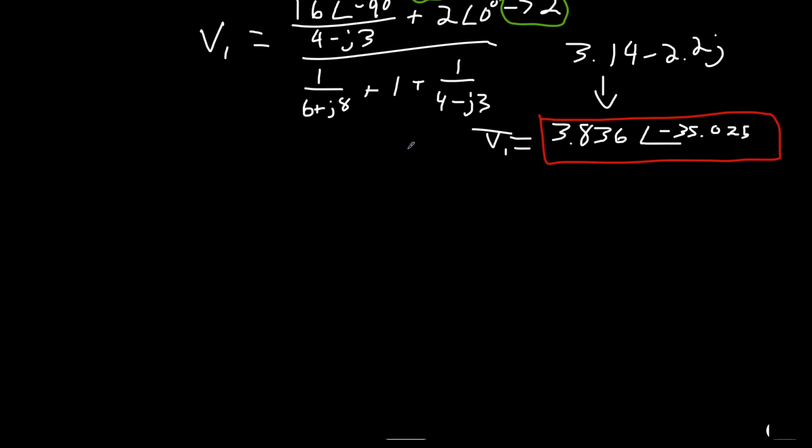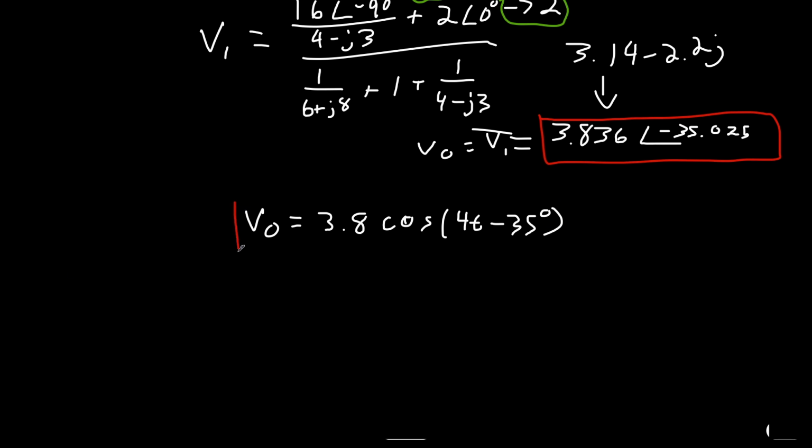So we could say that V0 is equal to V1, which is equal to all of this. So, simply put, V0 is equal to the equation 3.8 cosine 4t minus 35 degrees. Now this is slightly simplified, but this is the answer.